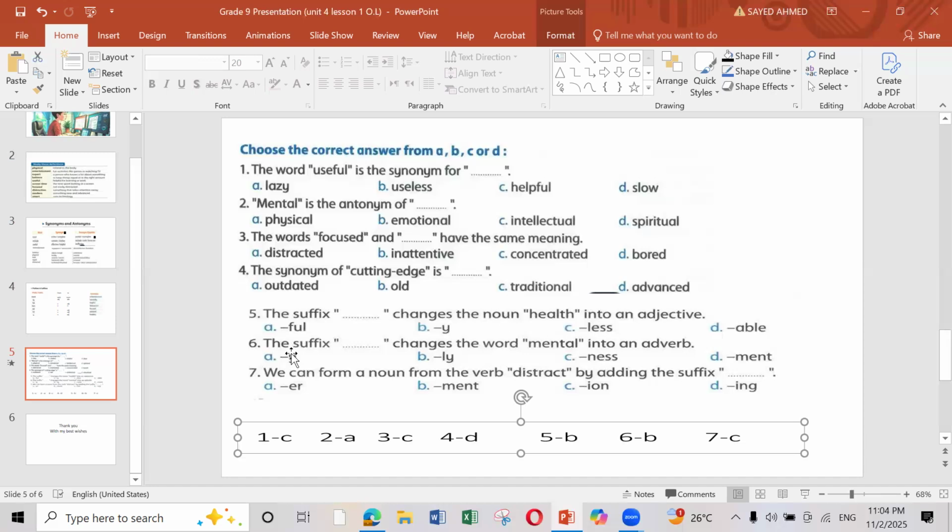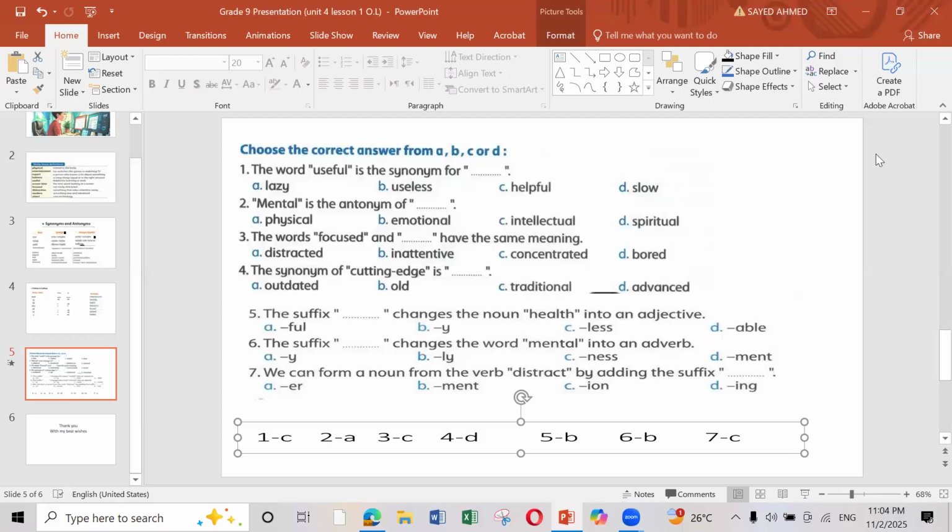Which one? The suffix y, ly, ness, ment, change the word mental into an adverb. We can form a noun from the verb distract by adding the suffix er, ment, ion, or ing.